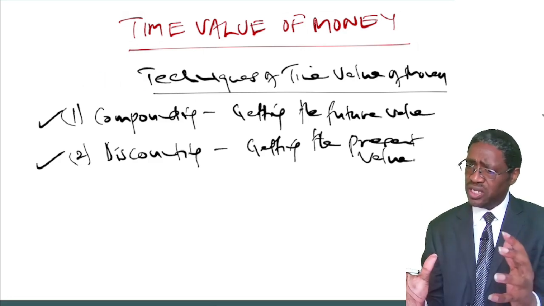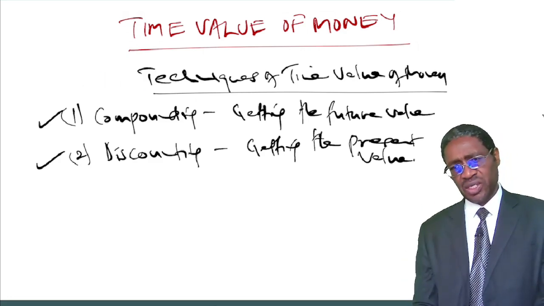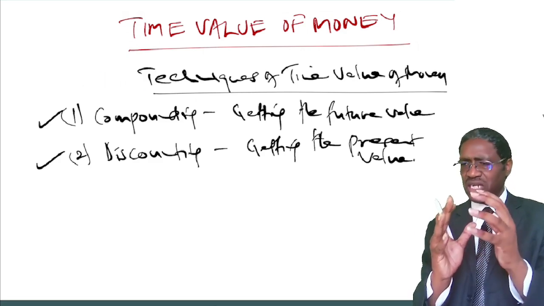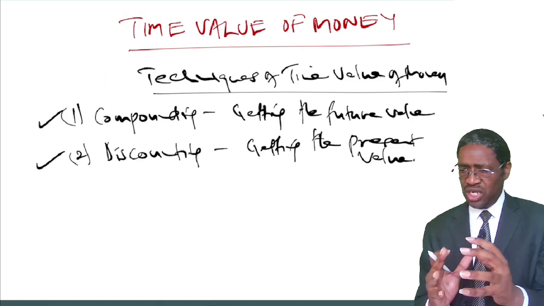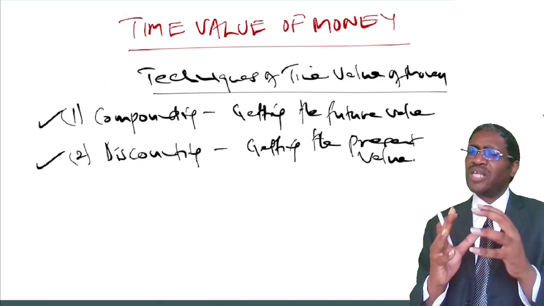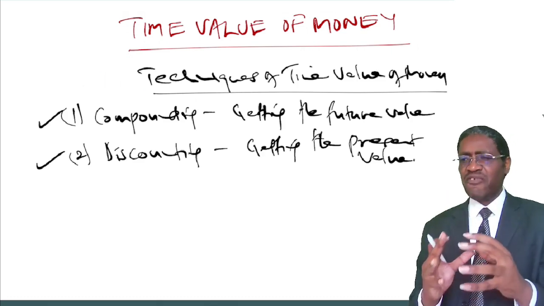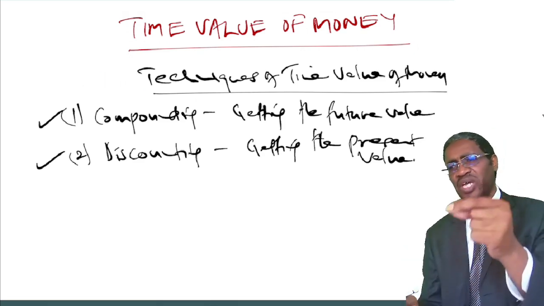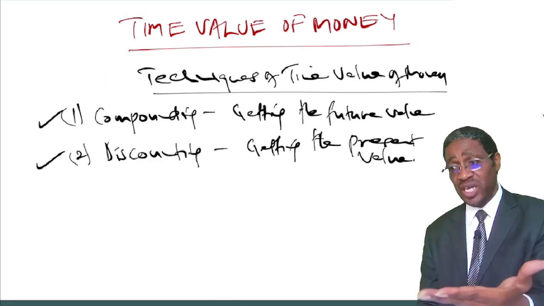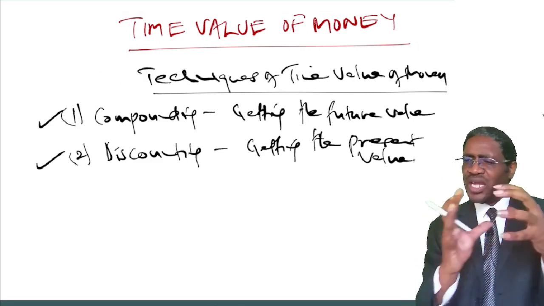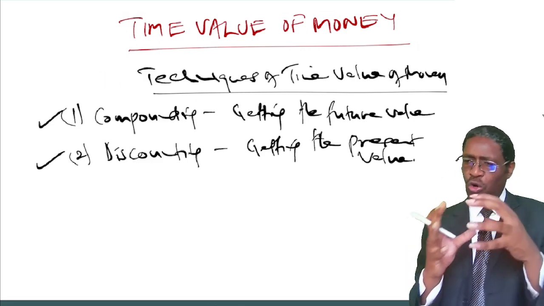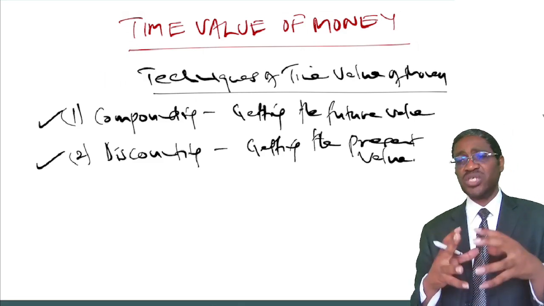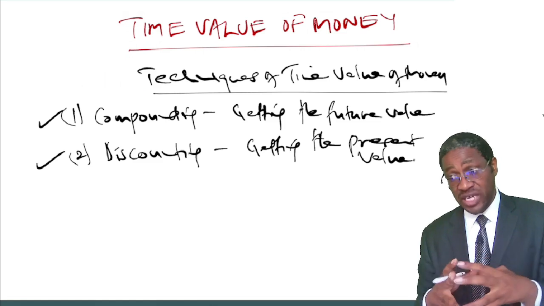Compounding technique is where we were saying, if you are an investor and you want to invest a certain amount now, and you want to know how much that amount would be 5 years, 10 years from now, if the amount will be earning this particular rate of interest, to get that future value of a certain amount that is being invested now, then we said you do the compounding.